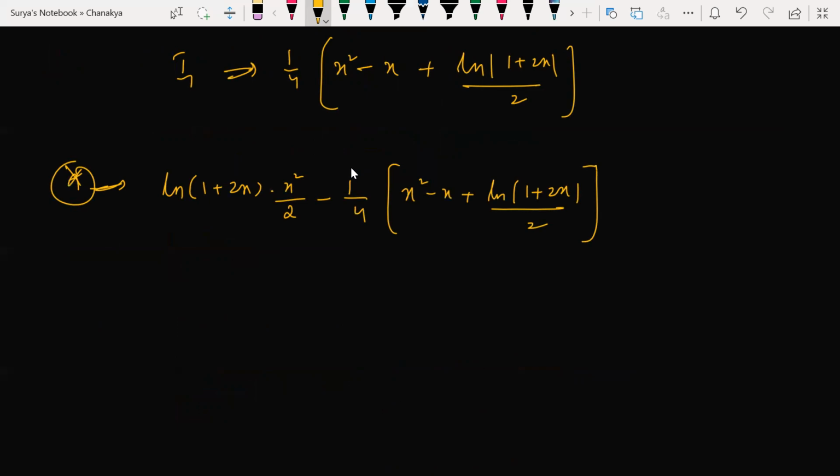Now you have limits here. From where to where you have limits? 0 to 1. Okay, so substitute ln of 1 plus 2 into 1 by 2 and minus 0, ln of 1 into 0. So entire thing becomes 0.